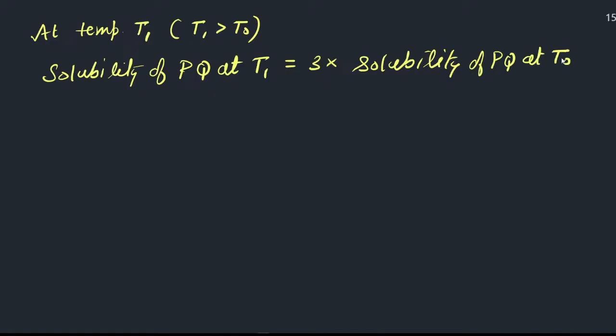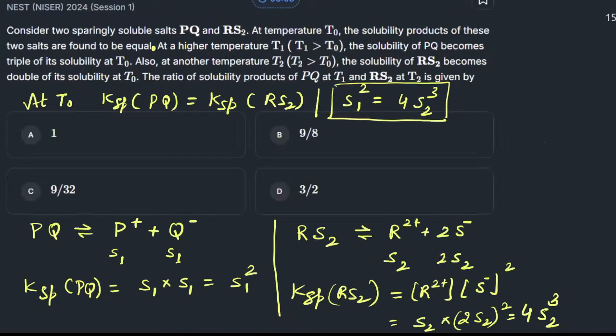So at T0 it is S1, and at T1 it is 3S1, because the solubility of PQ becomes triple of its solubility at T0. And at another temperature T2, which is also greater than T0, the solubility of RS2 becomes double its solubility at T0. So the ratio of the solubility products of PQ at T1 and RS2 at T2 is given by?